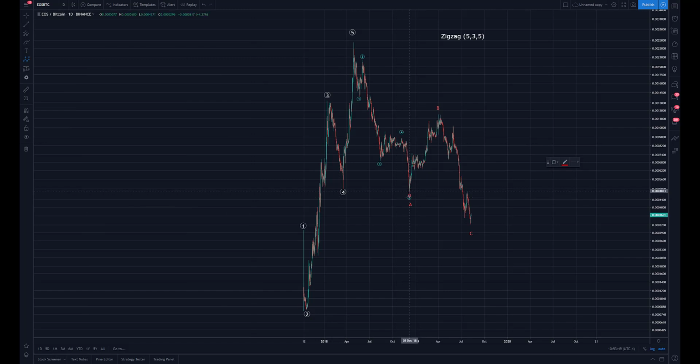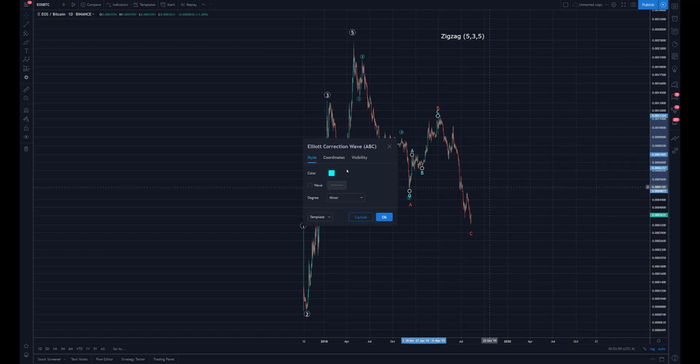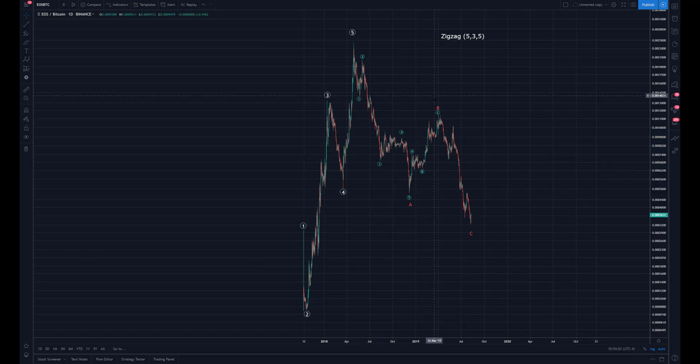This is a B, and a C. Okay, that would place the subwaves of the B to be complete. I'm sorry, you know what? I think the better count is some kind of a wedge.